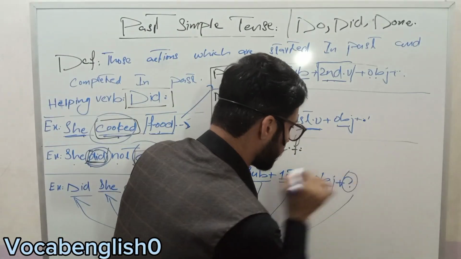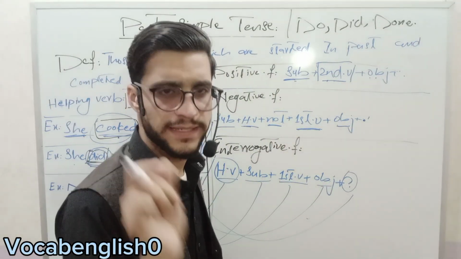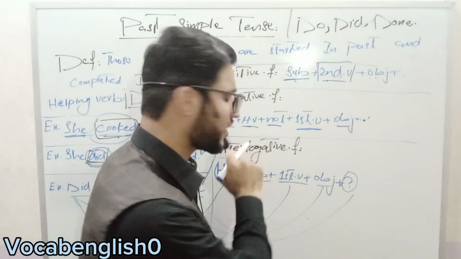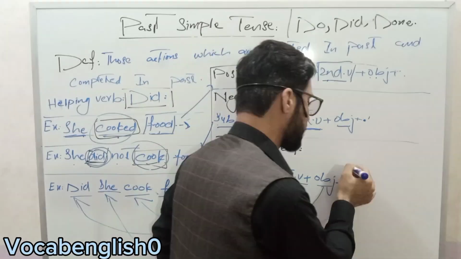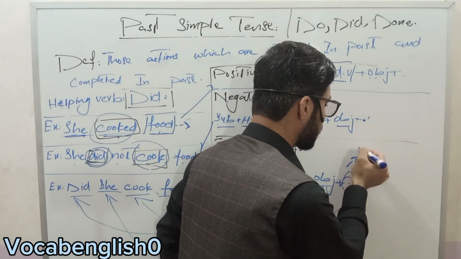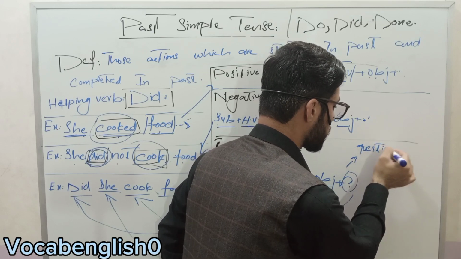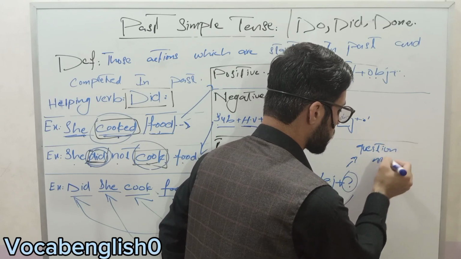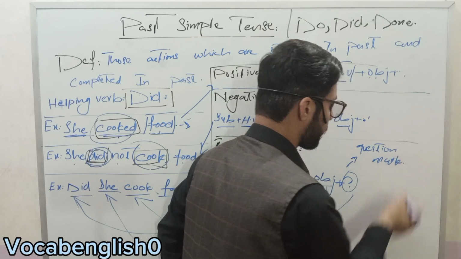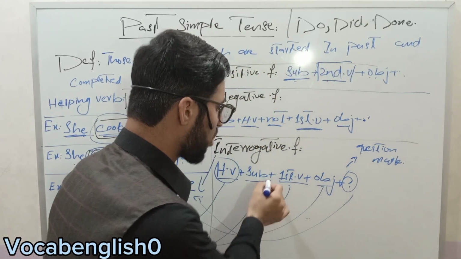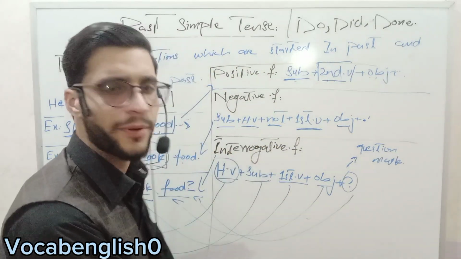Then question mark will come. Question mark is very necessary thing in interrogative formula or interrogative example. This is the question mark. I will write here question mark.